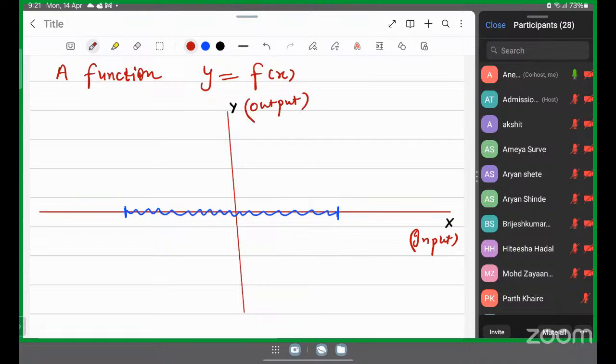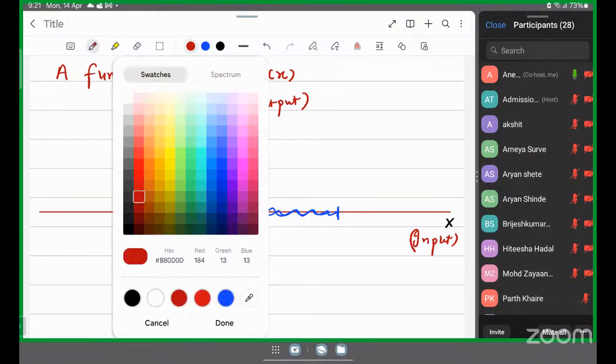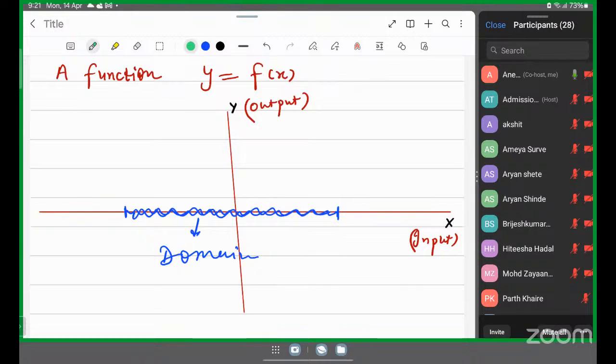Now on the input axis, if we input certain possible values in the function, these possible values are known as domain. And according to these possible input values, we will have certain output values, and these output values will be known as range. So these values will be range.